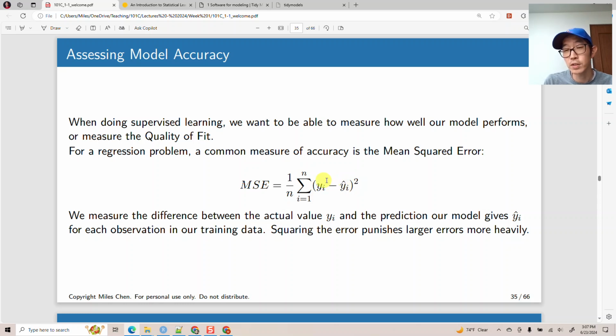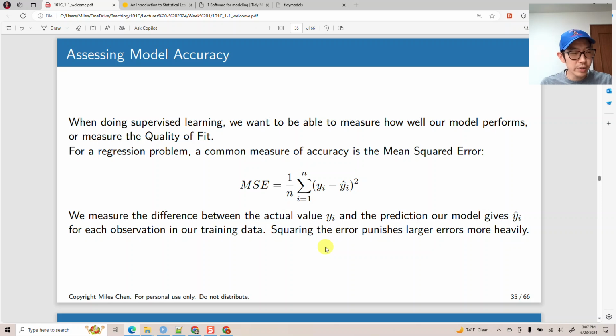Whatever that difference is, we square it and add them up across all of the I observations we have. We divide by n, however many observations we have, and that is the mean squared error. That is the average of the squared differences between the actual value and our prediction.